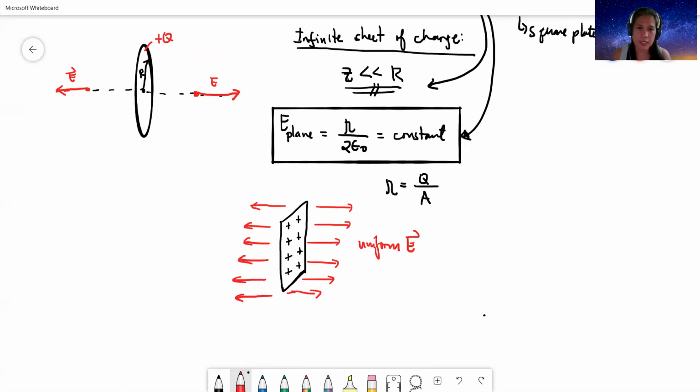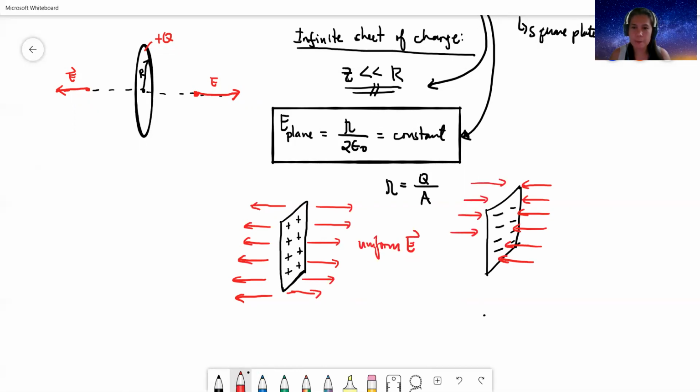So if it's a negatively charged particle, so let's say for negatively charged sheet, let's say another sheet of charge here tapos negative, you know that the electric field, of course, is inward. So, mag-draw ka pa rin ng equal distances na field vector lines para malaman ng lahat na uniform electric field.